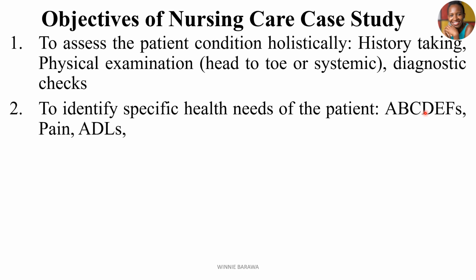So ABC goes all the way from A, B, C, D, all the way to F. A is for airway, B is for breathing, C is for circulation, D is for any presence of disability, E is for any exposure to some environmental elements that could be leading to more health needs, and F is about follow-up needs. So these are areas you want to check on. There's A, B, C, D, E, F. You can have the pain, you can have the ADLs. With ADLs, we're talking about activities of daily living.